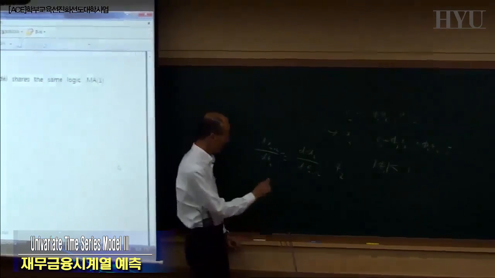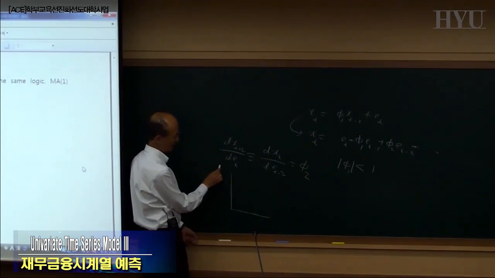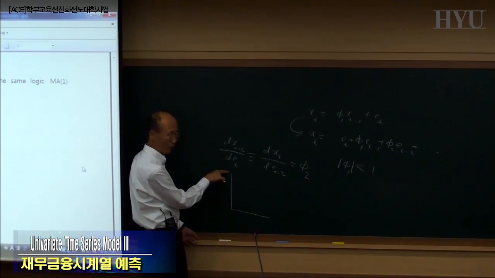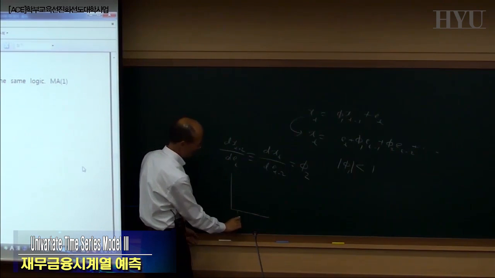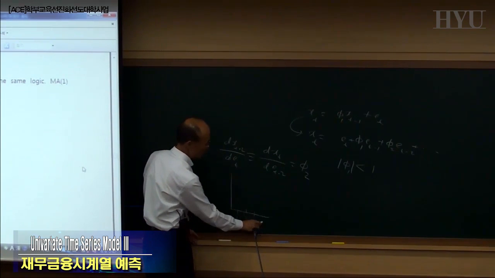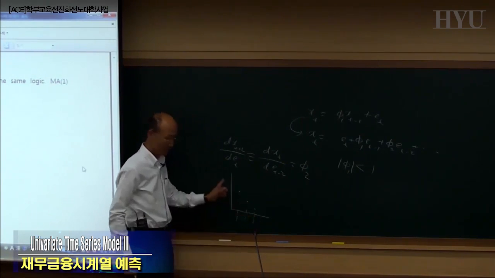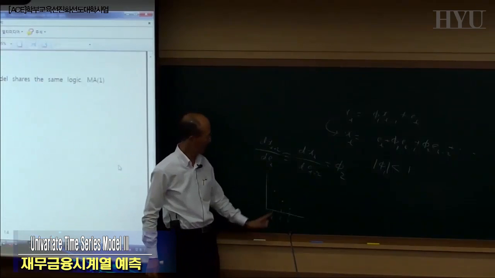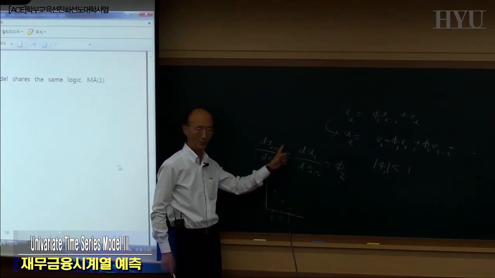So if you plot this quantity on a vertical axis, and 1 period, 2 period, and 3 period, and so on. So if you calculate those numbers this way, we call it impulse response.